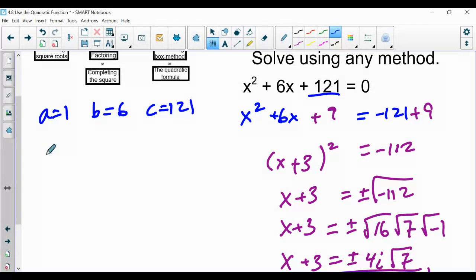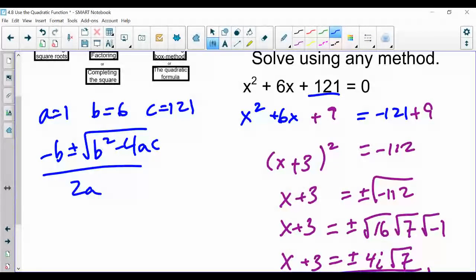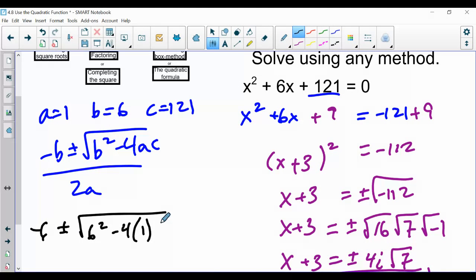The quadratic formula, of course, is negative b plus or minus the square root of b squared minus 4ac, over 2a. Let's plug these numbers in. Plugging in 6 for b, that's going to be negative 6 plus or minus the square root of 6 squared minus 4 times 1 times 121, all over 2 times 1.